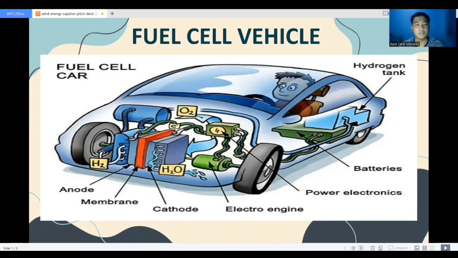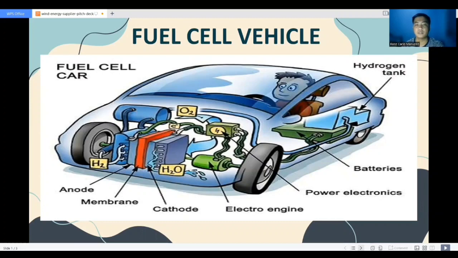A membrane only allows the positively charged hydrogen ions to pass. In cathode, the cathode is the positive or oxidizing electrode that acquires electrons from the external circuit and it's reduced during the electrochemical reaction.